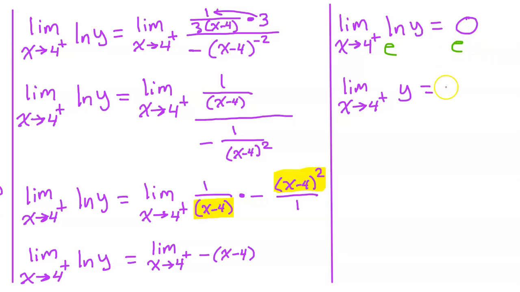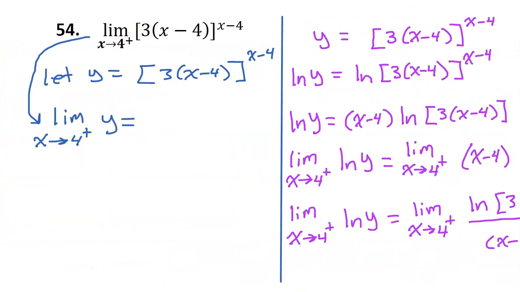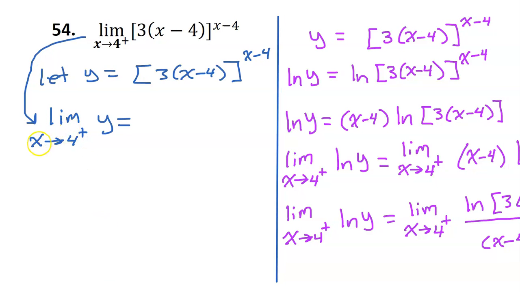And then e to the 0 power is 1. So this is the answer. Remember, way back at the beginning, we were simply looking for the limit as x approaches 4 from the right of y, and now that turns out to be 1.